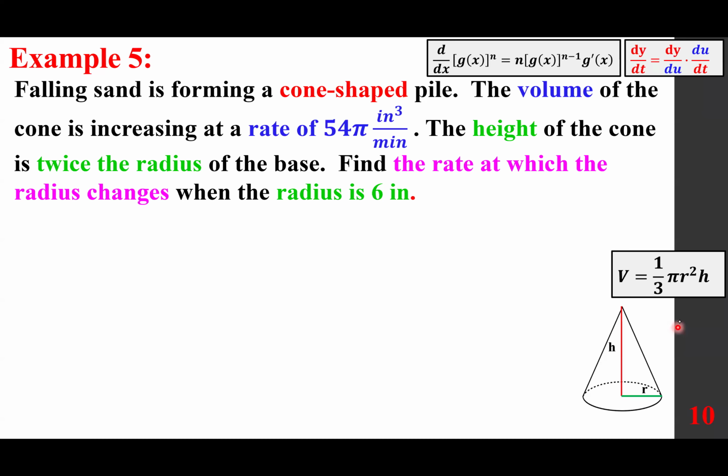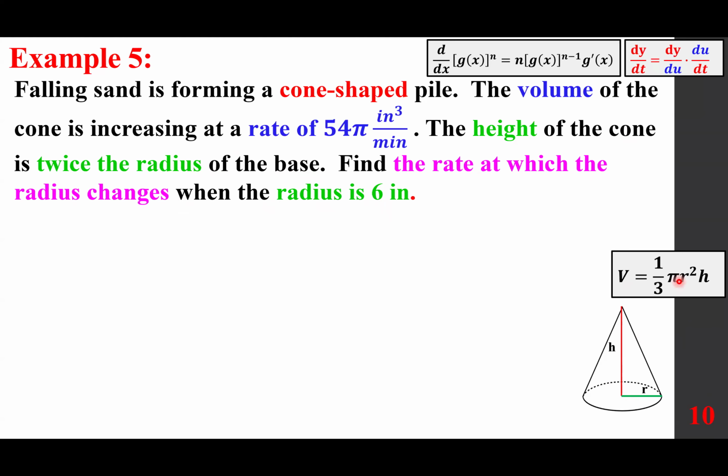Without this, we can't. The height of the cone is twice the radius of the base. Find the rate at which the radius changes when the radius is 6 inches. So we are going to write everything that is given symbolically. First and foremost, we should know this formula. Again, we draw this, we write this formula.